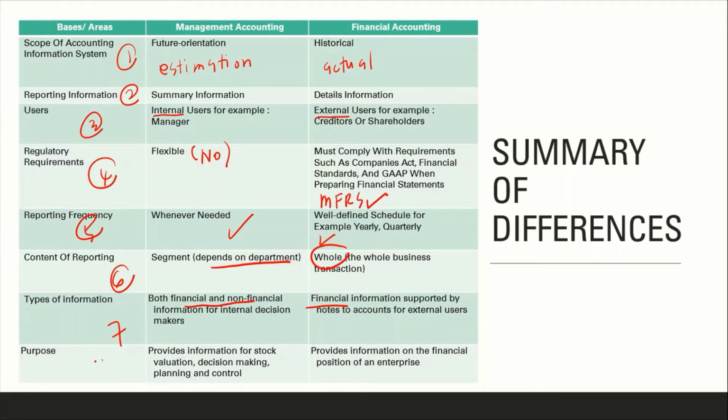Lastly, the eighth difference is the purpose. The management accounting provides information for decision making, planning and control, while financial accounting provides information on the financial position of an enterprise business.